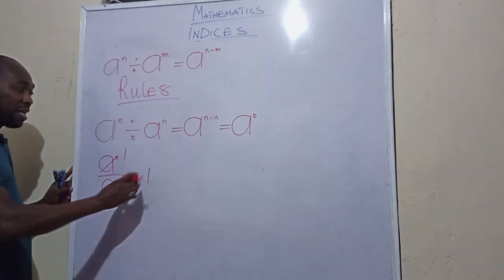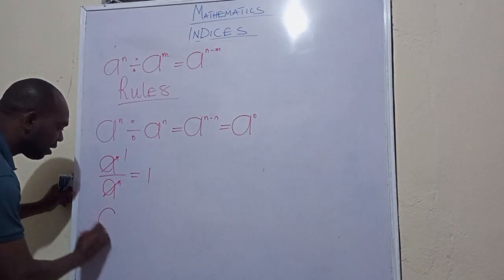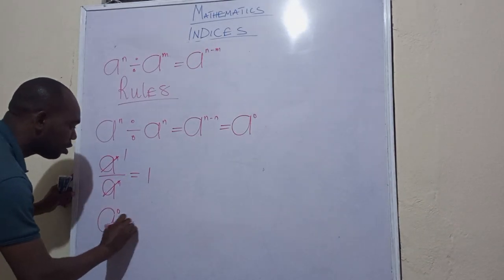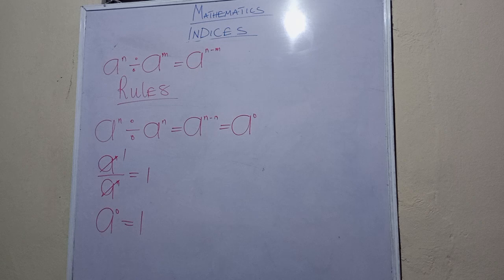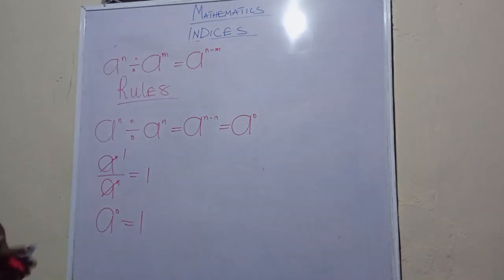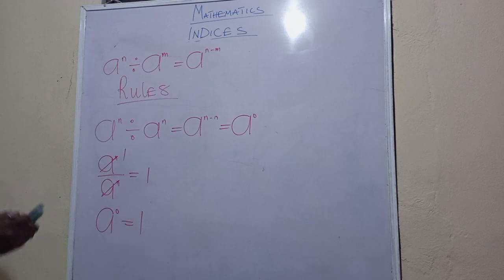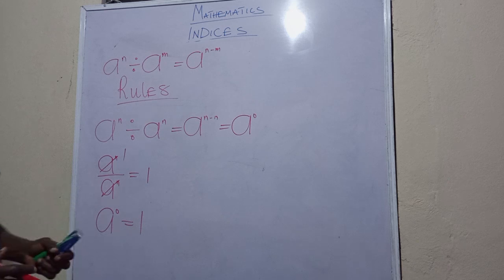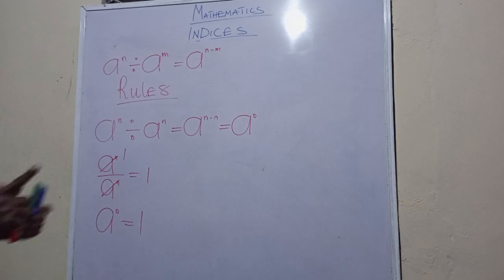So the answer is what? 1. So we can now use the two results by saying that a raised to the power of 0 is equal to 1. That is what it means, and this is our rule 8. This is also very important for us to understand why it's so. In that case, any value raised to the power of 0 is equal to 1.